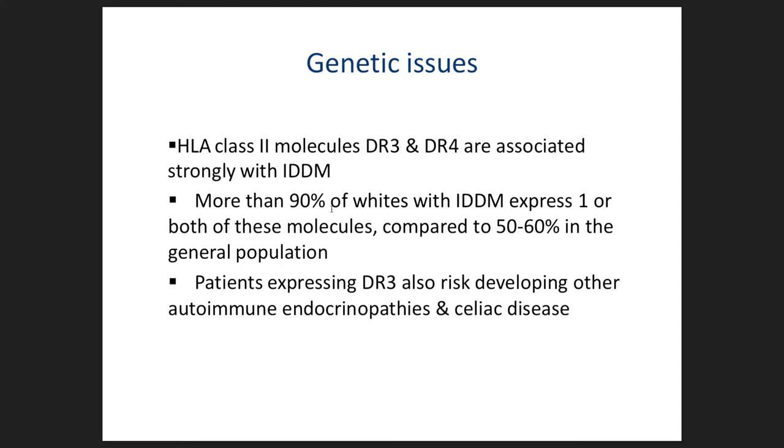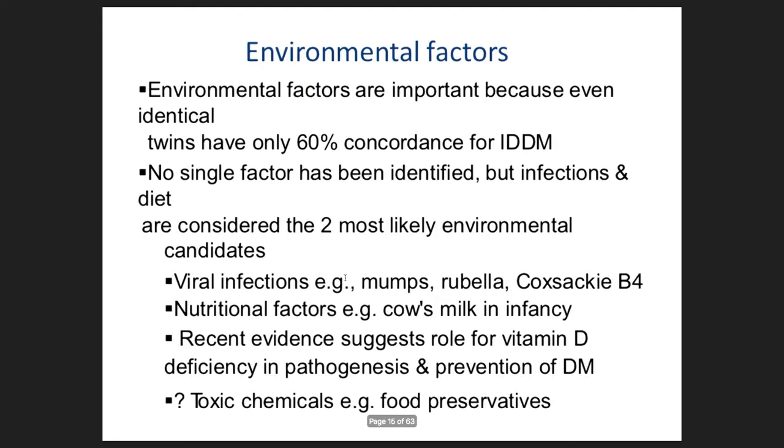But see, the risk is 90%, it is not 100%. Why 90%? Because there is still a 10% environmental triggering factor. That's why type 1 is not pure genetic, it is polygenic or multifactorial. What is the environment?